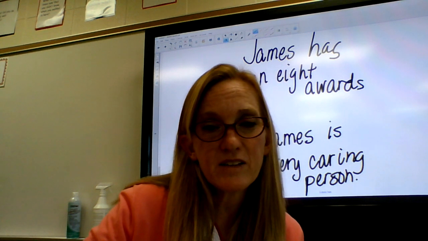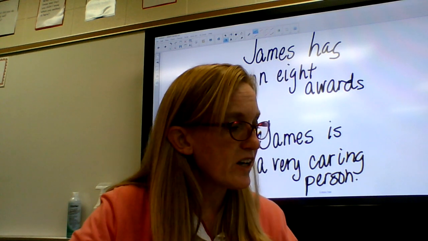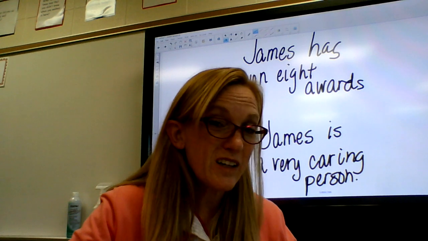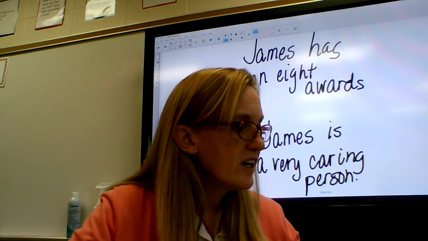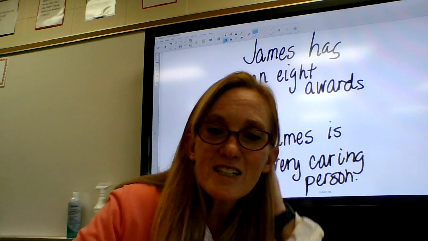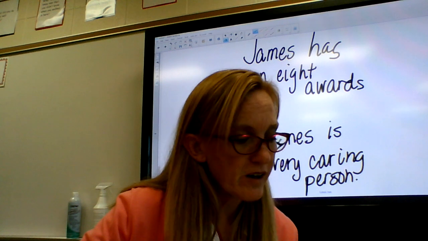Now remember, an island has water all the way around it. So if you go up to where it says the United Kingdom, look at that map real quick. The United Kingdom, or England, is what they're talking about. If you trace your finger all the way around it, there's water on every side of it, so it's an island. All right, next paragraph.